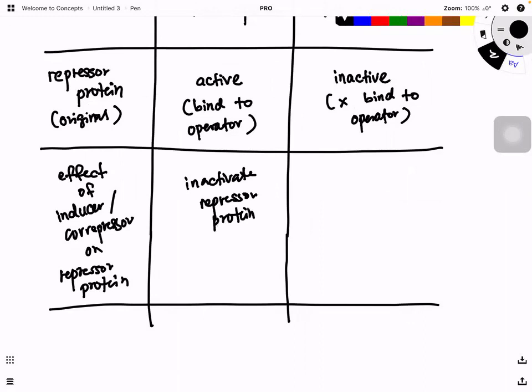Are you clear? When it inactivates the repressor protein, you switch on the operon. But in this case, it activates the repressor protein, so when it activates the repressor protein, it switches off.